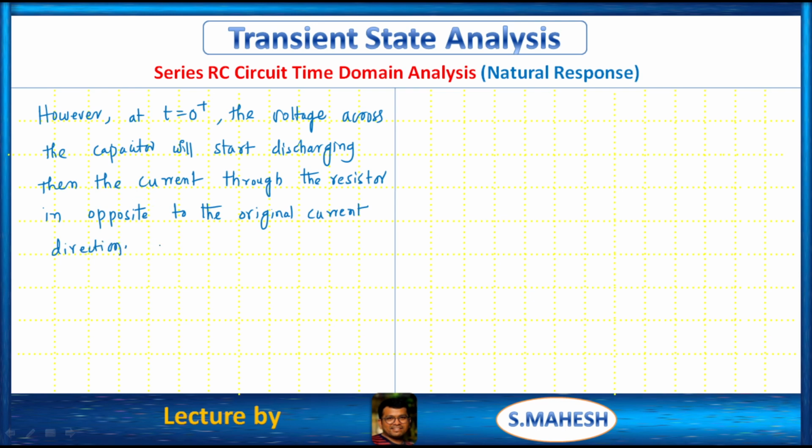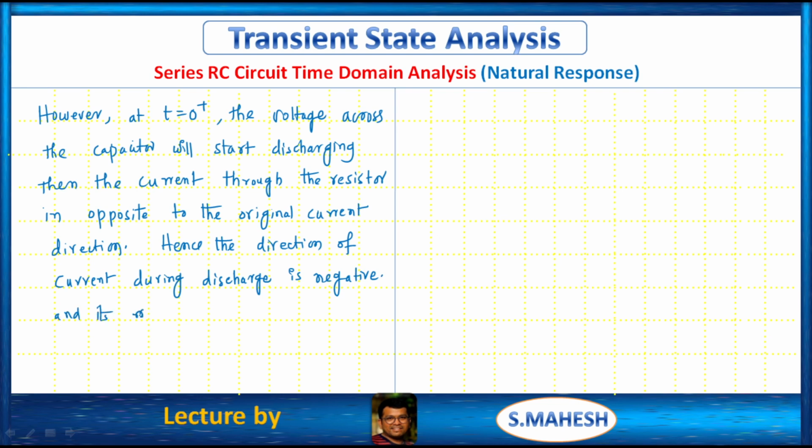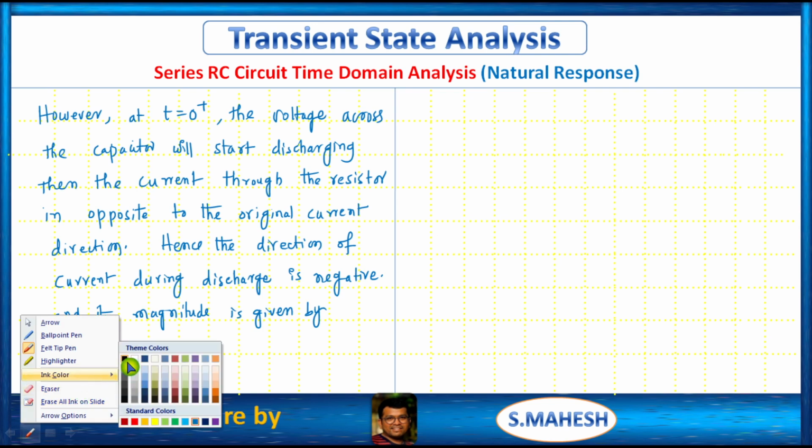Okay, hence the direction of current during discharge is negative because it is opposite to that of original current direction, and its magnitude is given by, what is that magnitude?